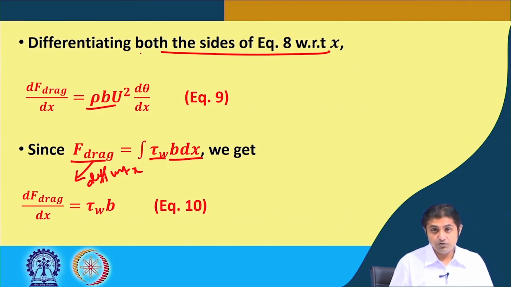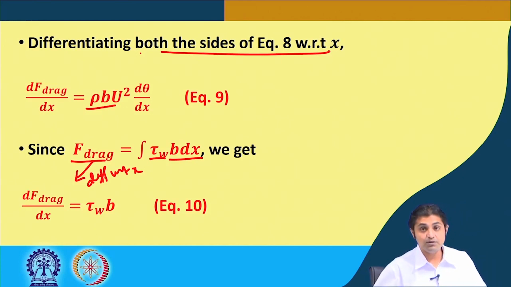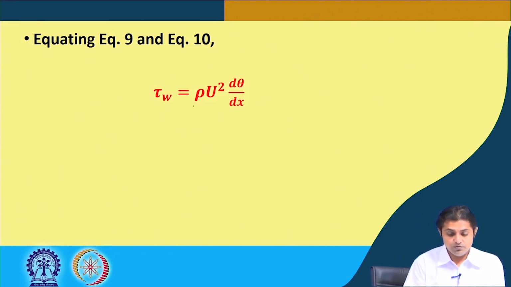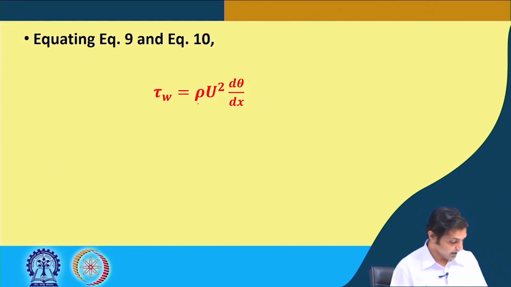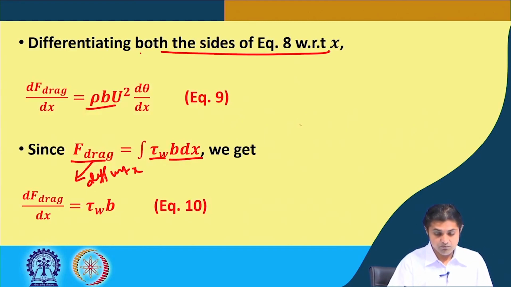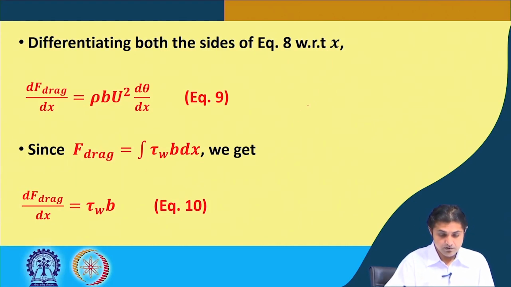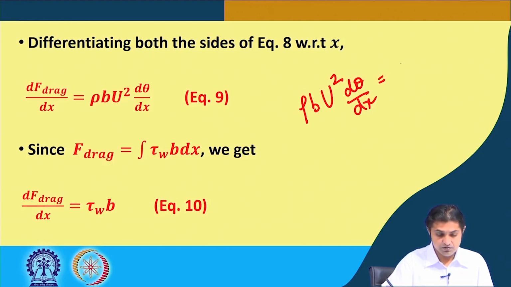Then we equate equation number 9 and equation number 10, and we get rho b capital U square d theta dx is equal to tau w b.